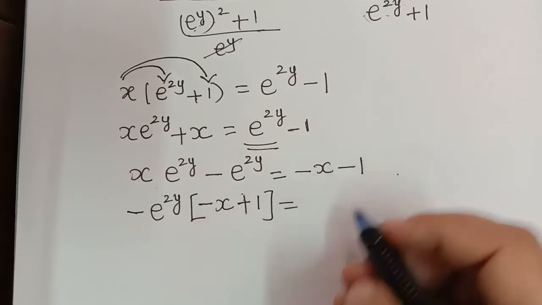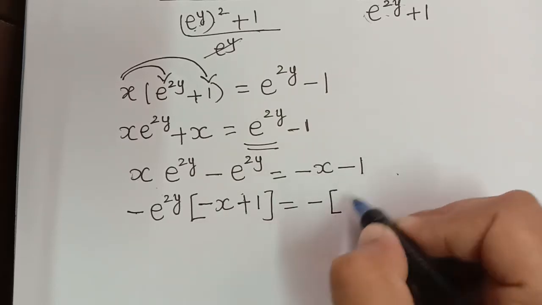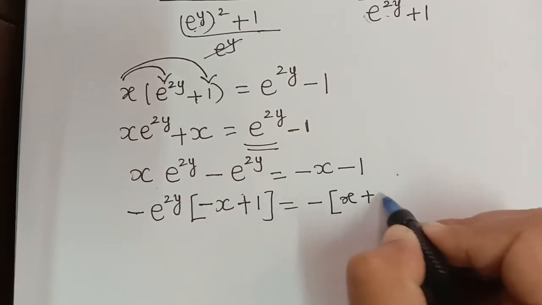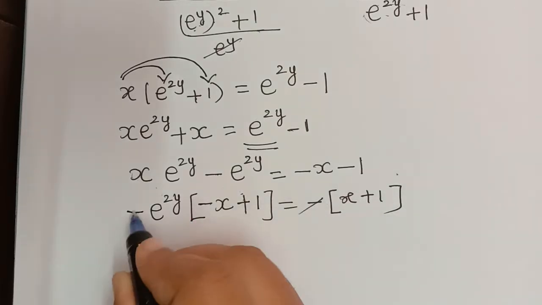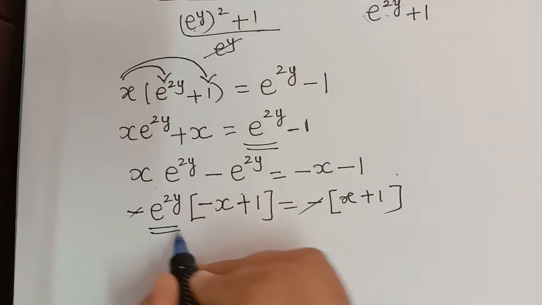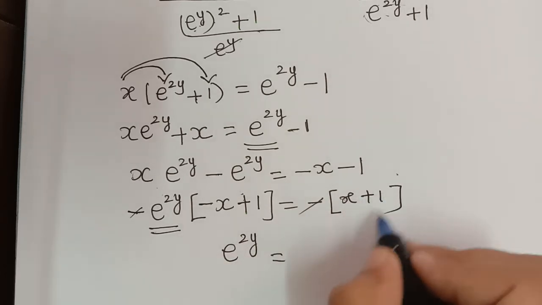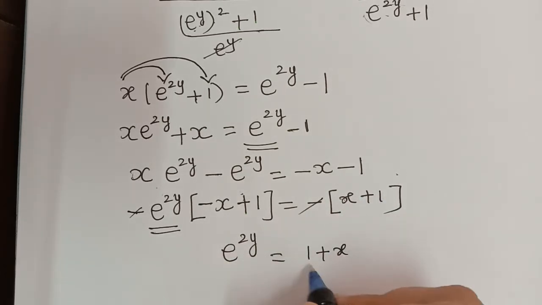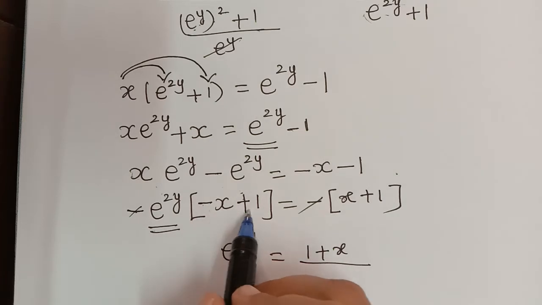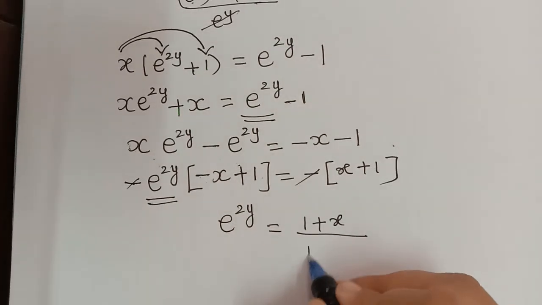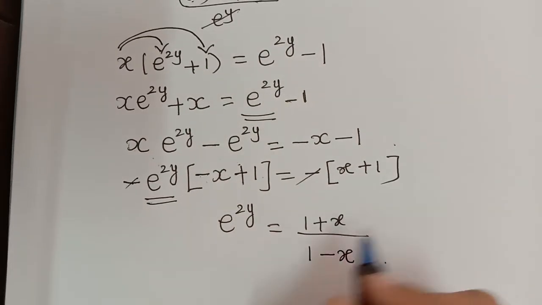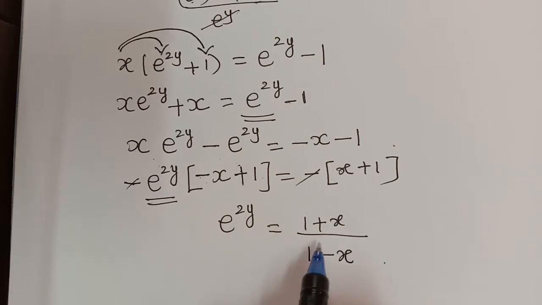And on the right also you can take a negative sign out, so it will turn out to be x plus 1. So this negative gets cancelled, and e power 2y will be equal to (1 plus x) divided by, and negative x plus 1 can be written as 1 minus x. So now we have obtained e power 2y to be this.